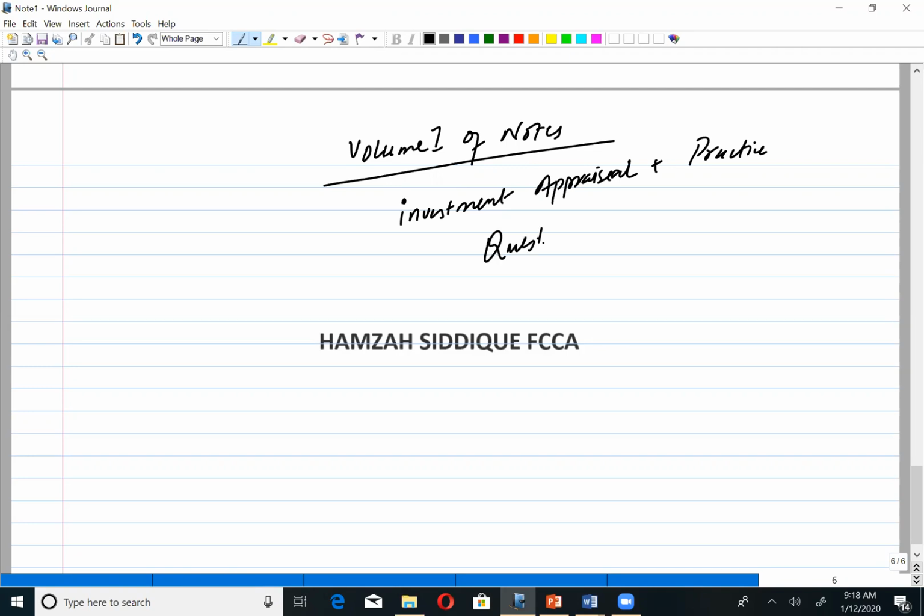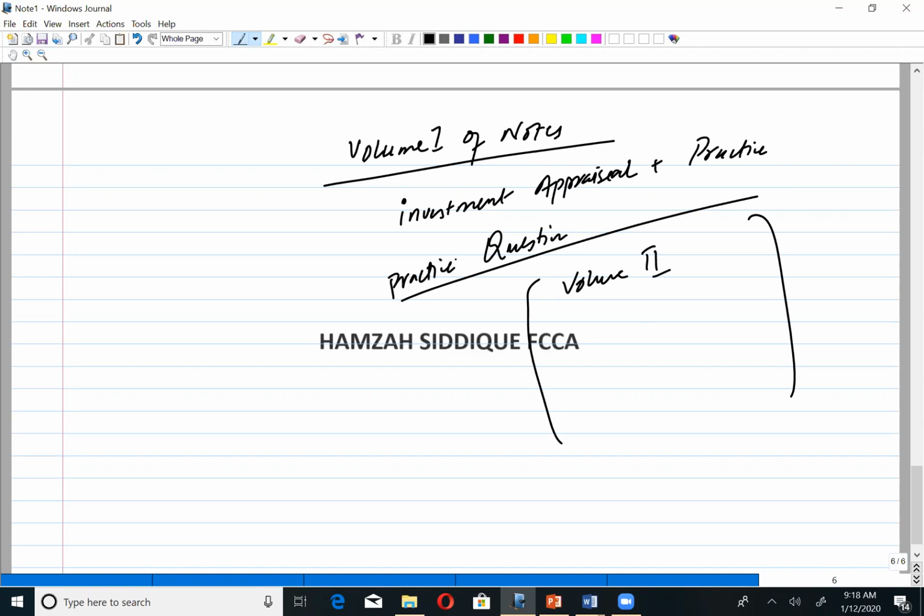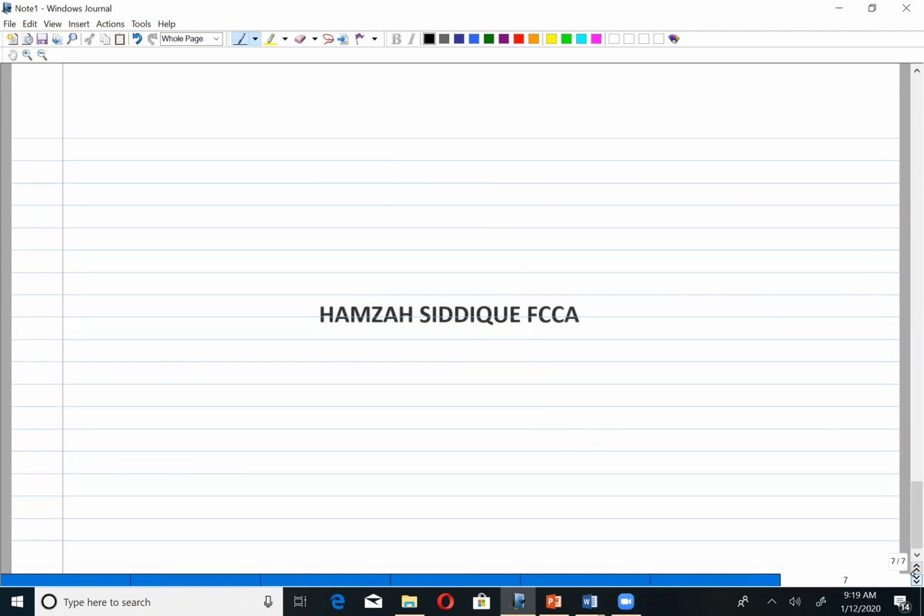Volume 2 will contain the remaining syllabus and will be sent later on. Practice questions from the past papers are already part of these handouts. So if you prepare these handouts well, plus some of the past papers, they will be sufficient for exam preparation. Now, let us start with it.